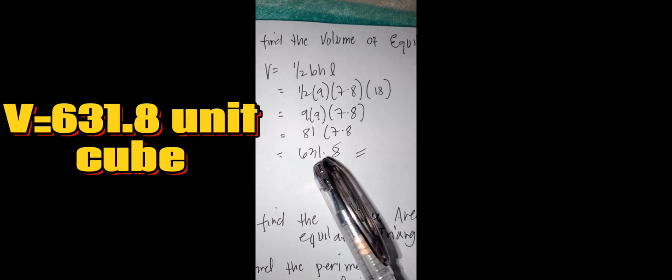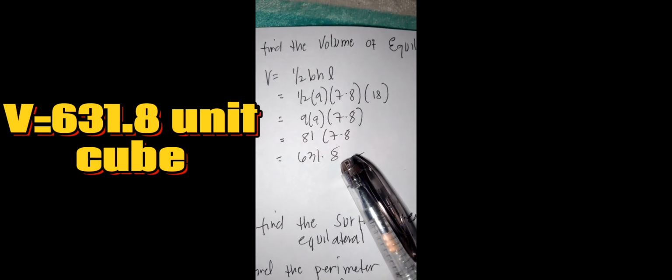So 9 times 9 times 7.8, and 9 times 9 is equal to 81 times 7.8, and the volume based on our calculator is 631.8 cubic units.